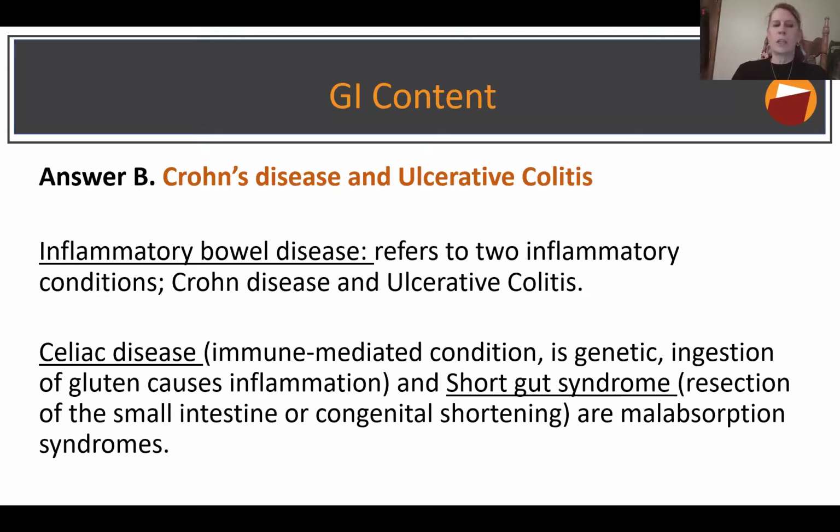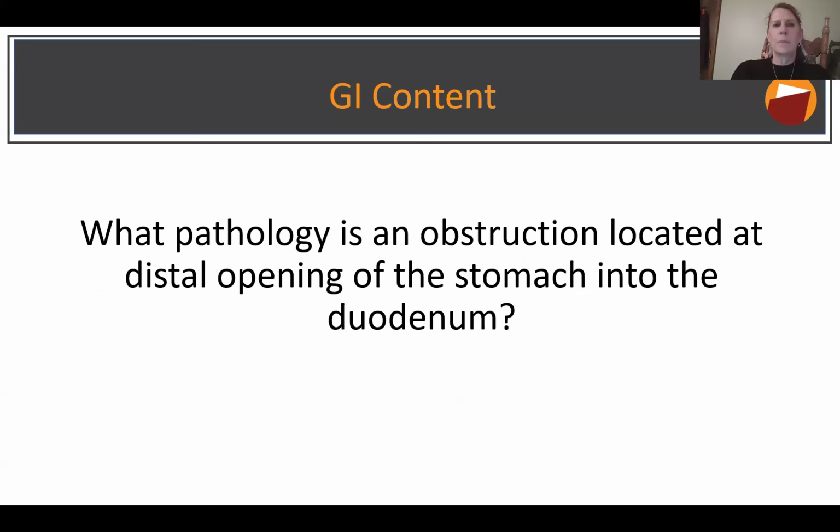It causes inflammation, but that's its own separate thing. Short gut syndrome is when somebody is born with shorter intestines, or they have to have a resection of the intestines because of cancer or whatever, and then they're going to have issues with malabsorption. But those aren't classified as inflammatory bowel diseases either.